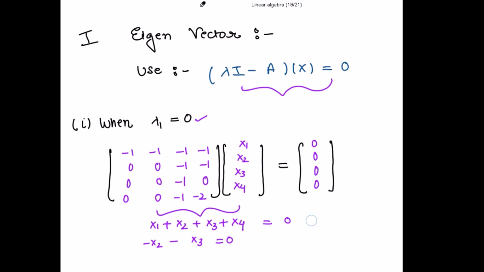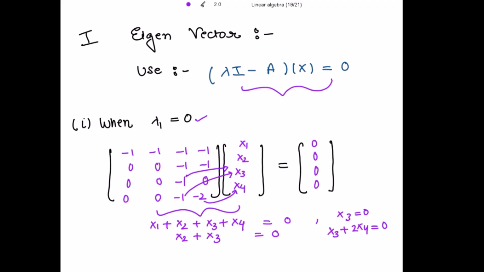We can write this as the sum of x2 and x3 equal to 0. Then minus x3 equal to 0, that is x3 equal to 0. And then minus x3 minus 2 into x4, so that is x3 plus 2 into x4 equal to 0.